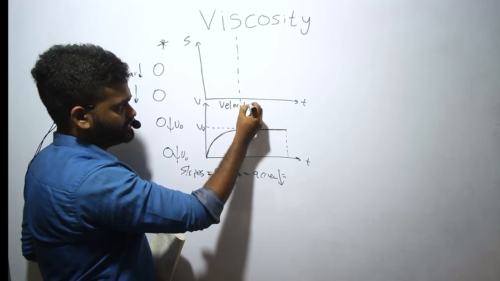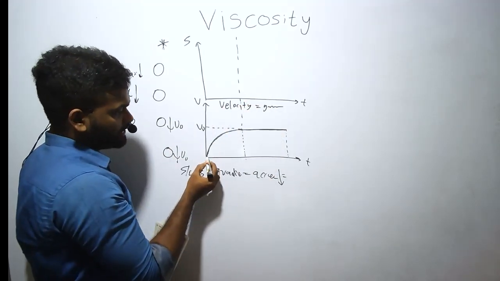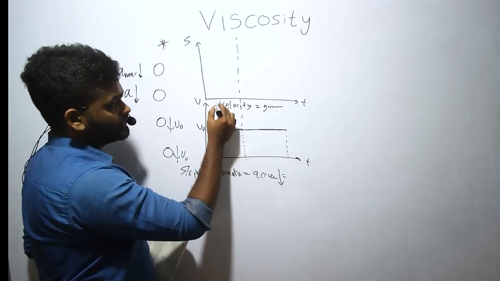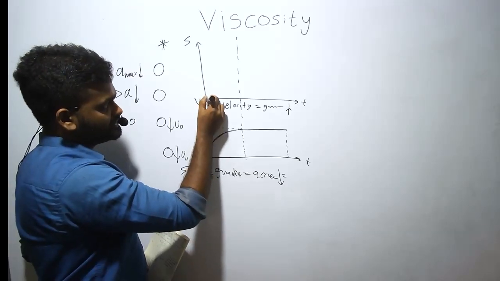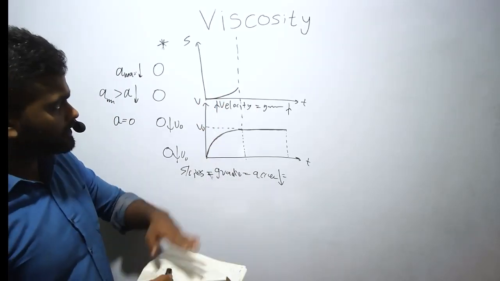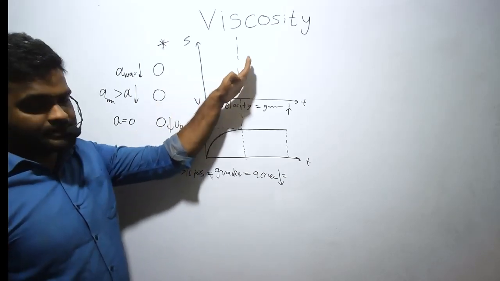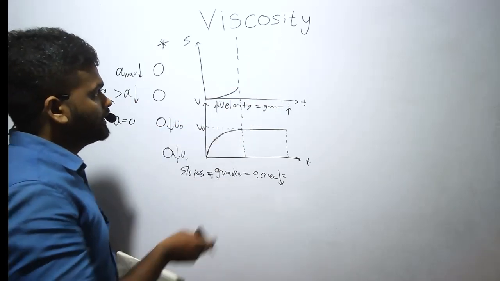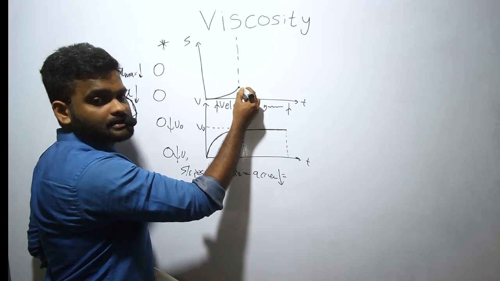Here velocity is gradient. Now do you see that velocity is increasing, right? So if velocity increases, gradient increases. Gradient increases means like this. Remember the slope? Slope is increasing. See that? Slope is increasing. Then what happens to the slope? Slope becomes constant.